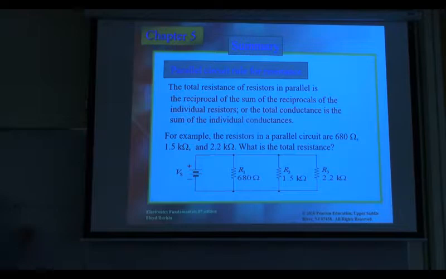Then the sum: we have 3, so something plus something plus something. Each one is called the reciprocal of the resistance. So that is 1 over R1 plus 1 over R2 plus 1 over R3. That is the formula for the total resistance: the reciprocal of the sum of the reciprocal of each resistance.